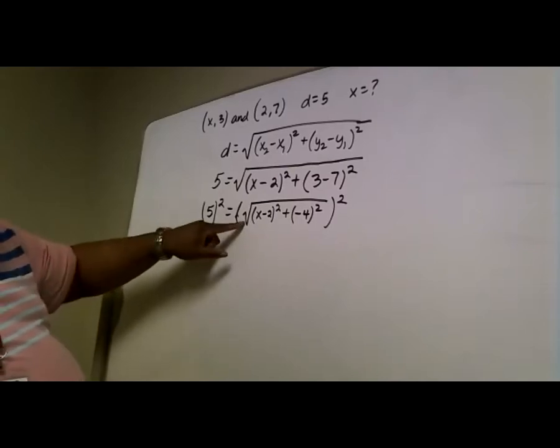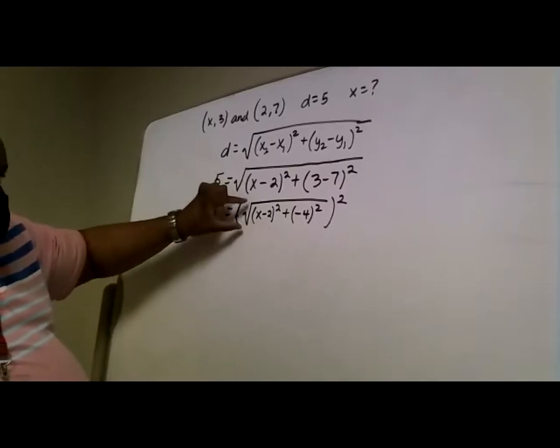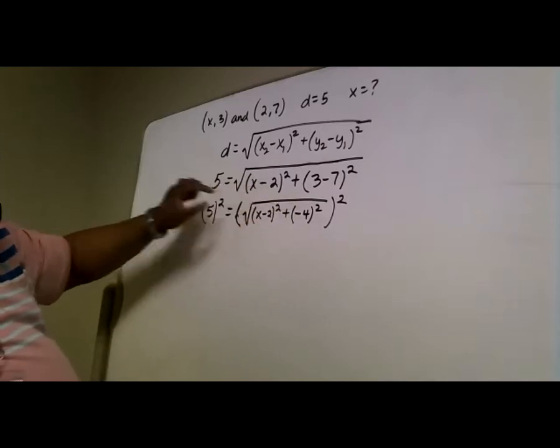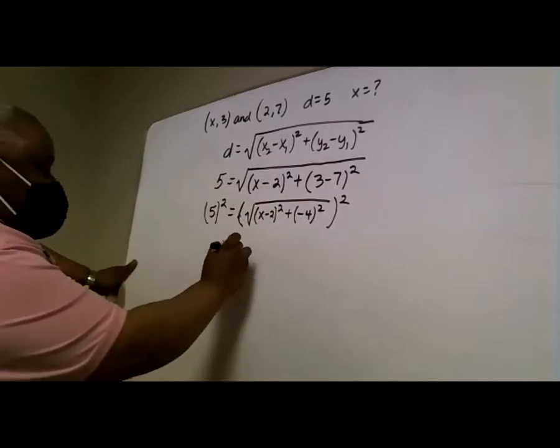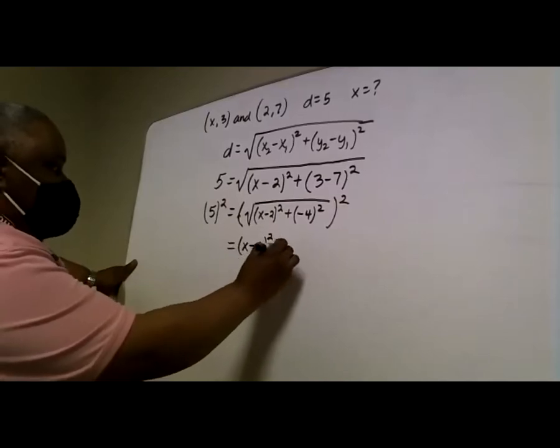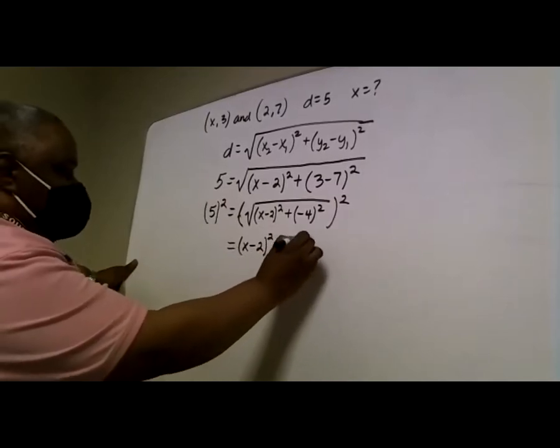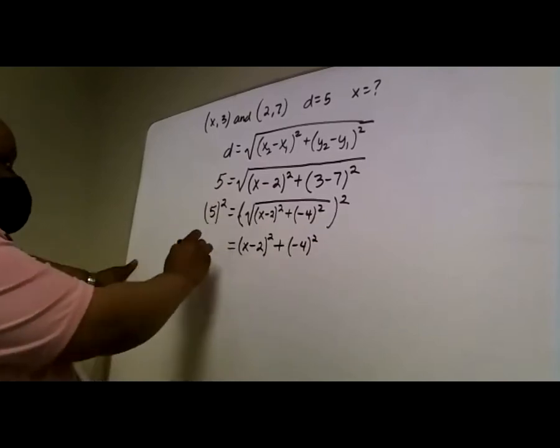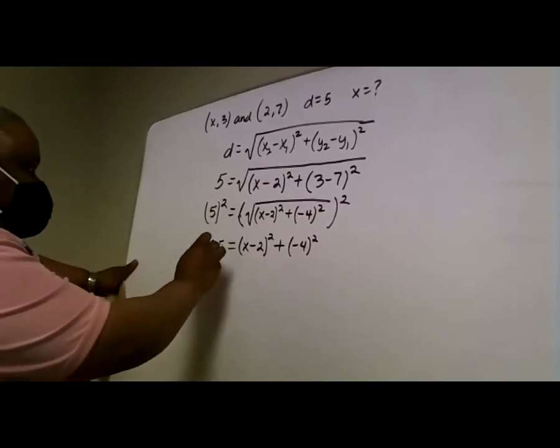We square it, and that square wipes out that radical on this side. So all we'll have is x minus 2 quantity squared plus -4 squared. And on the left side, 5 squared will be 25.